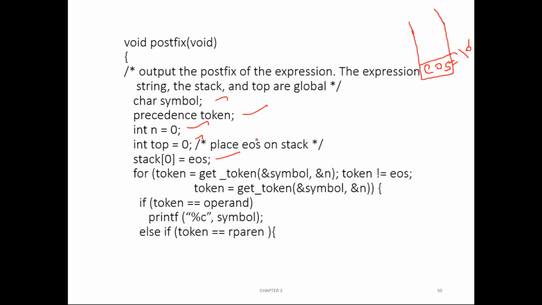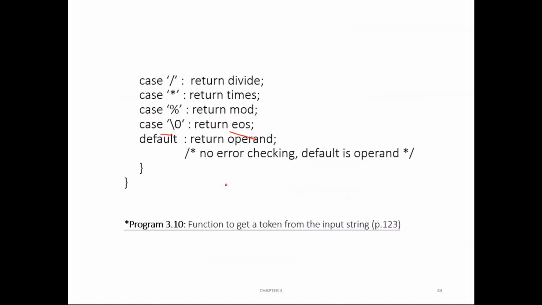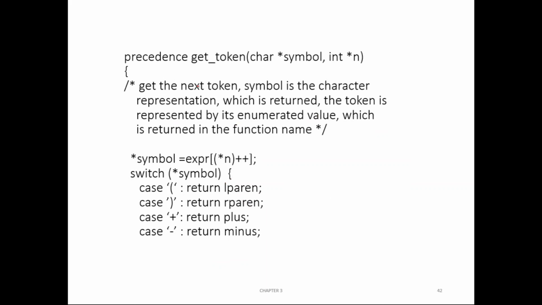So that EOS is initially pushed into the stack, and then we write a for loop: for token equal to get token of ampersand symbol comma ampersand n. This get token is the same function we previously discussed for evaluating a postfix expression. It takes the address of a character and the address of an integer.